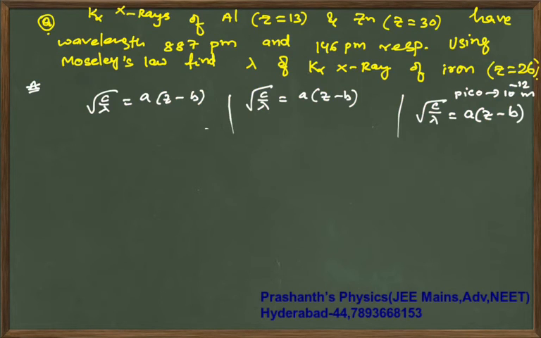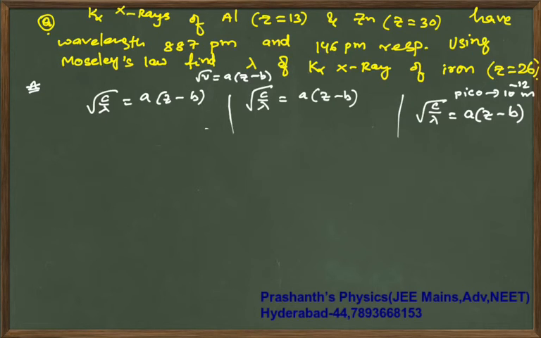Now the answer to this question is, basically we know that root of nu is equal to A times (Z minus B). Characteristic frequency value is nu. Now we know that frequency is speed of light by wavelength. So under root C by lambda is equal to A times (Z minus B).